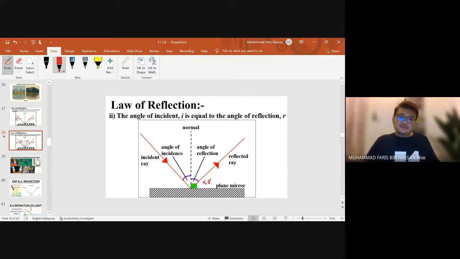If you want to measure the angle of reflection, you should measure from the reflected ray or from the incident ray to the normal line. So actually, the angle of incidence should be equal to the angle of reflection. Let's say this is 30 degrees for the angle of incidence, so that means the angle of reflection is also 30 degrees.